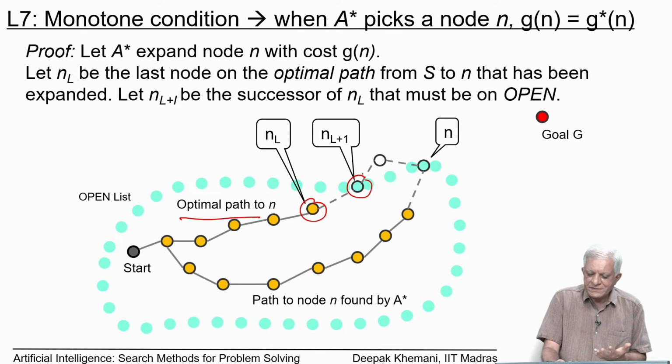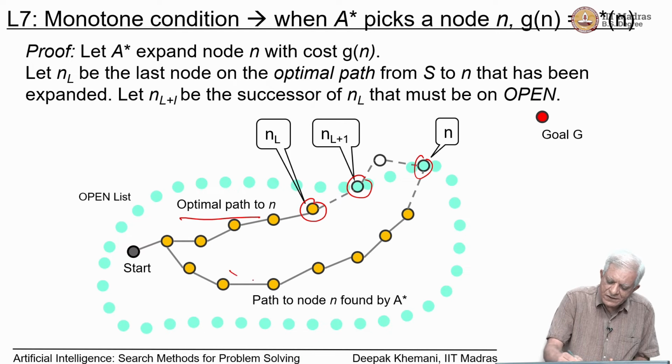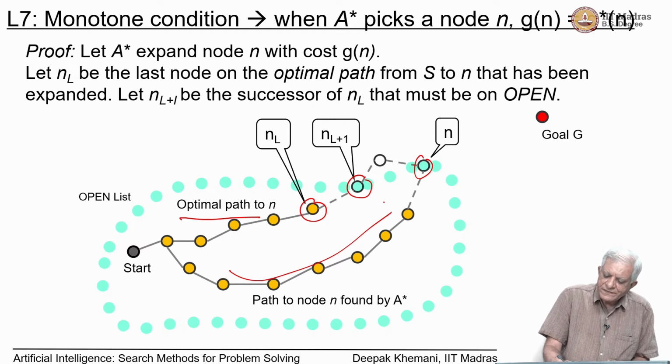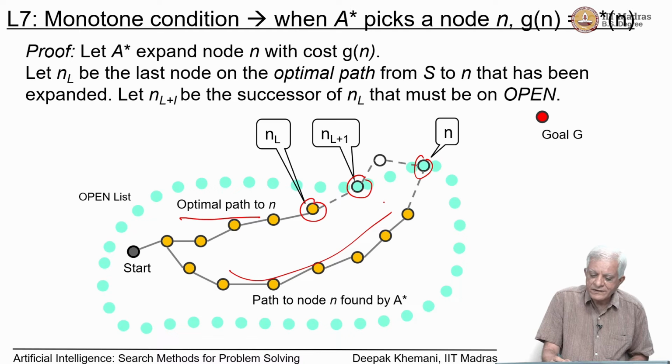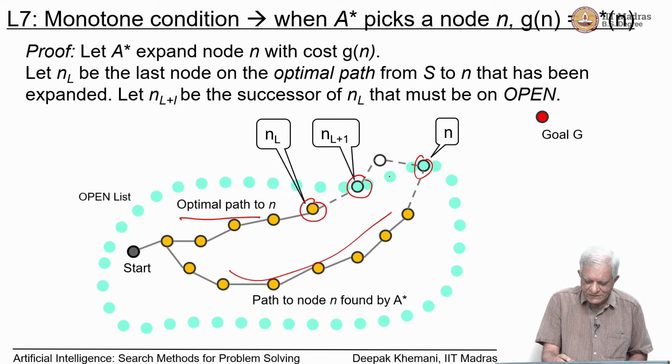And we are making the assumption that our algorithm is picking this node n, maybe through a different path, and it is about to pick this node n. But we have also said that the optimal path to n contains a node n_L which we have inspected, and a node n_(L+1) which we have not inspected essentially. So, how is this possible?